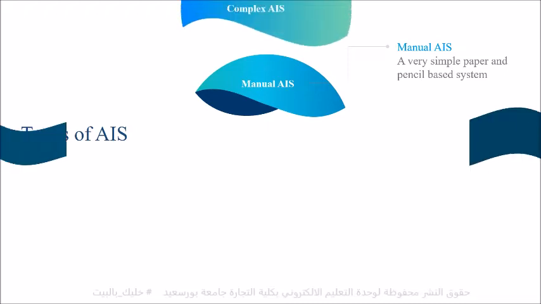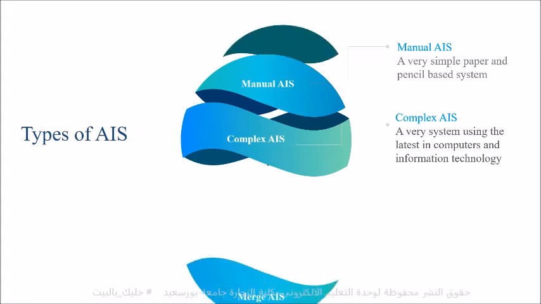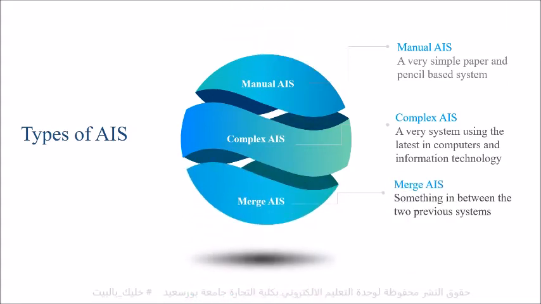Second, the complex accounting information system. In a complex accounting information system, we use the latest computer and information technology. Third, the merged accounting information system. It's something between the two previous systems. You use something manual and you use a computer in performing your reports and so on.